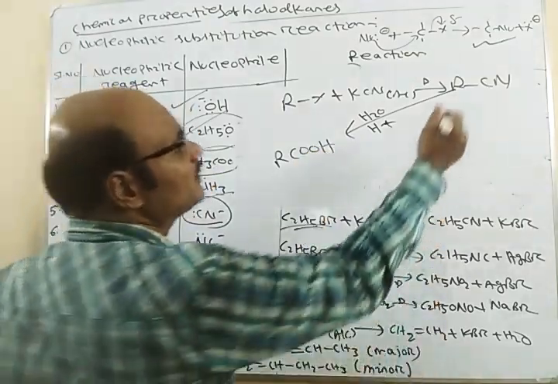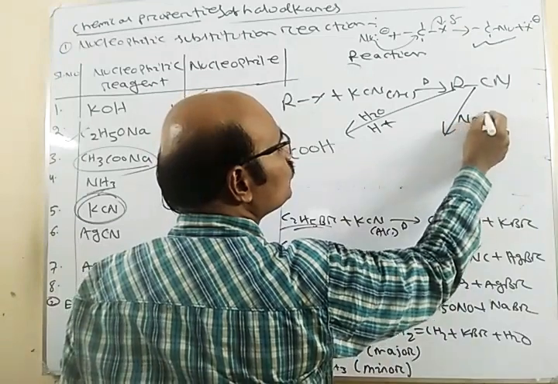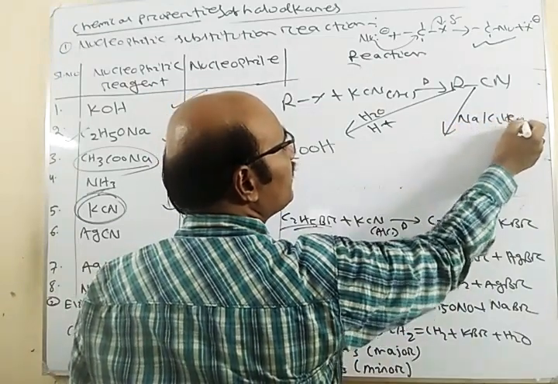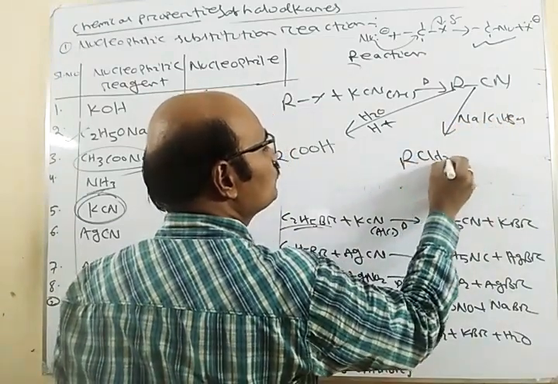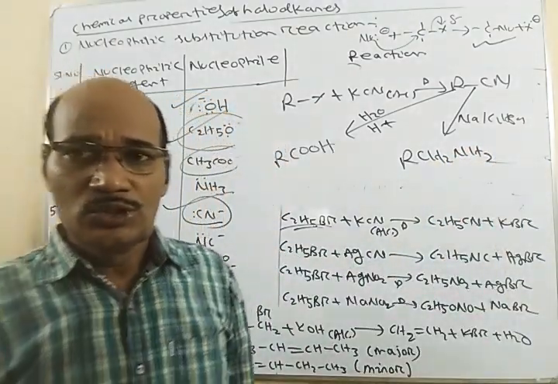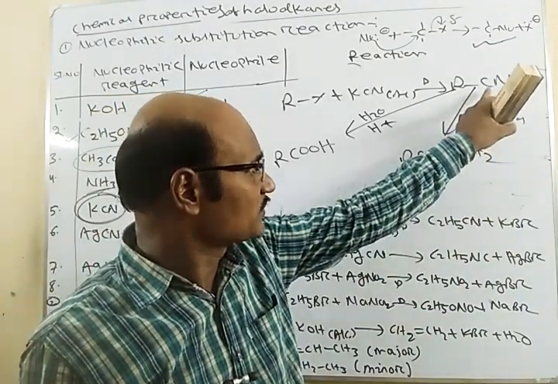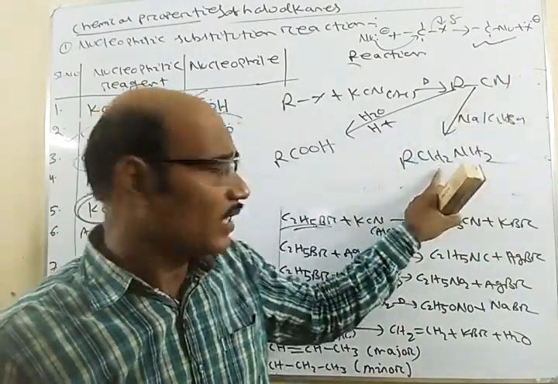Again, this RCN can also undergo reduction if I go for sodium and alcohol. I will get RCH2NH2. So I can reduce the cyanide into an amine.